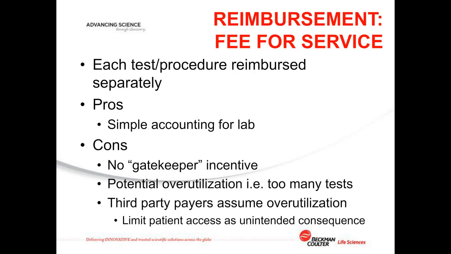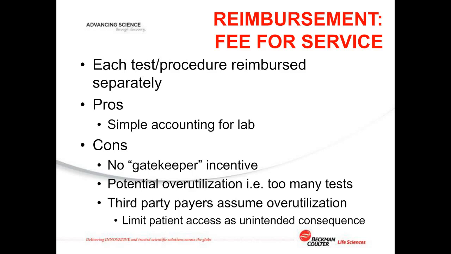So plenty of labs actually do still say, oh, I got 2 samples within a 24-hour period. I probably don't need to do them both, or if I do, I should check. But the third-party payers will actually assume overutilization just because there is no built-in gatekeeper incentive. So there is this potential overutilization to essentially do too much testing.